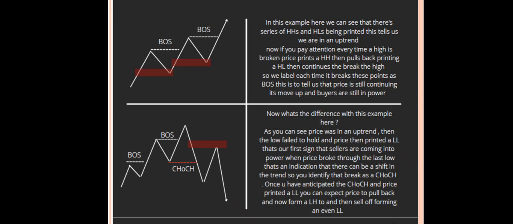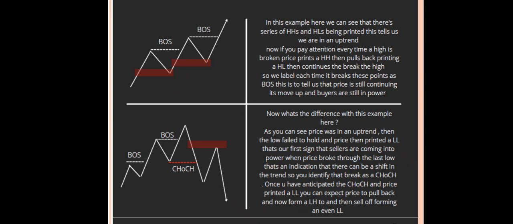If you pay attention, every time a high is broken, on the HH, it pulls back and prints an HL, a higher low. Then it continues and breaks the high again. We call such a labeling point a BOS. So that is the BOS.